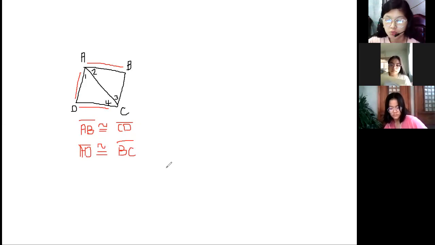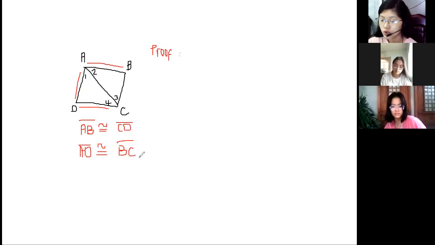So, we have here the proof. Ayan. So, lagi nauuna doon sa pagpuprove natin is yung given, wherein ito yon. AB is congruent to line segment CD and line segment AD is congruent to line segment BC.